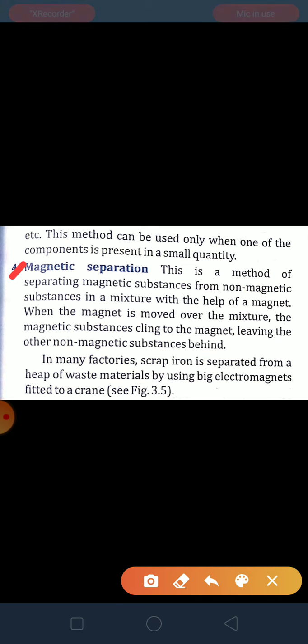And we know a magnet attracts magnetic substances.